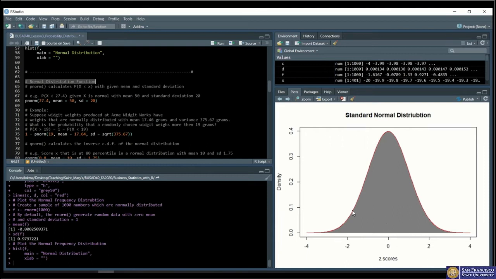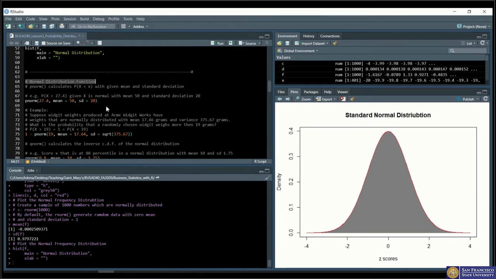The reason is because the area in this distribution always adds up to 100%. So if you know that you are going to have a score of negative 1, and you want to ask the question, well, what is the probability to randomly select a number that is less than or equal to negative 1? We are basically looking at the probability on the left hand side of this tail right here.